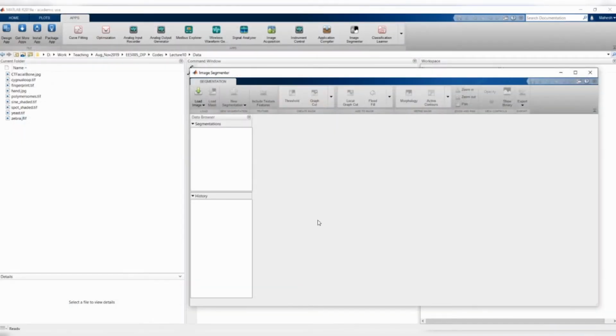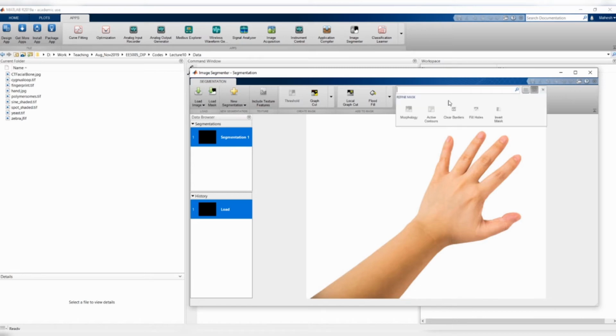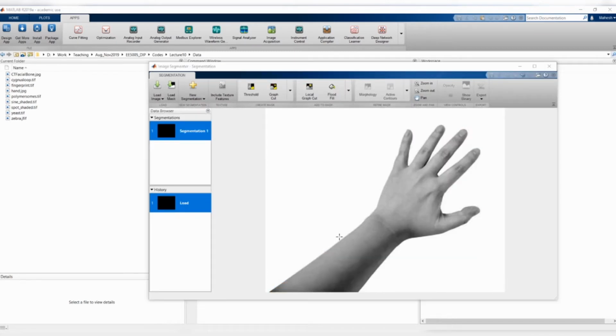You can even load a grayscale image, it doesn't matter. It takes some time. Okay, so the image has come. Now let me do something like active contours here. I think we need to have a grayscale image in this case. So I just made it grayscale so that it works consistently with what we are discussing so far.